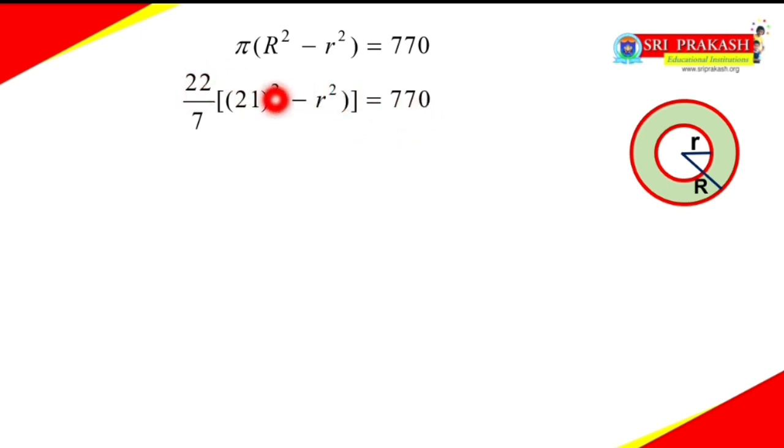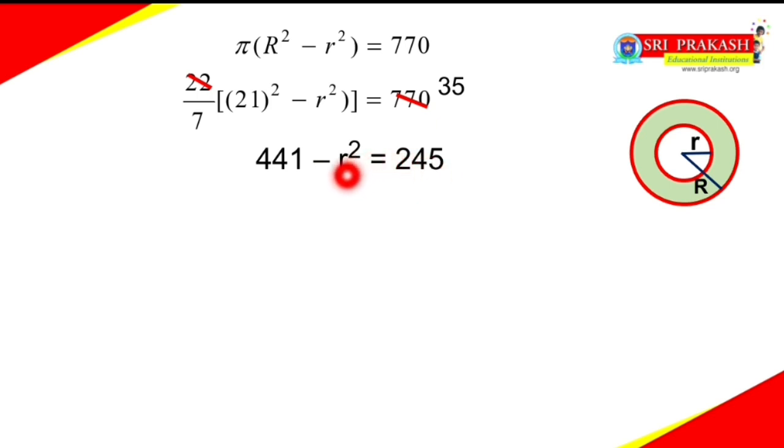Now let us cancel 22 and 770 in 35 times. Now let us send 7 from LHS to RHS and also take the square of 21. Then we get 441 minus r square is equal to 7 into 35, which is equal to 245.